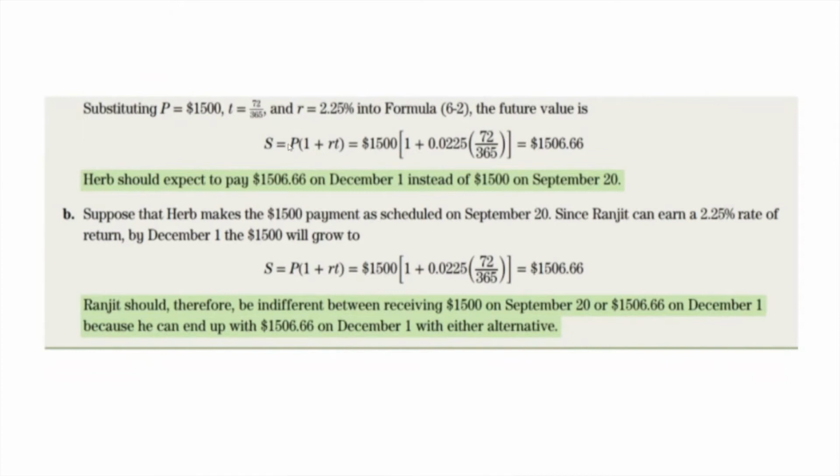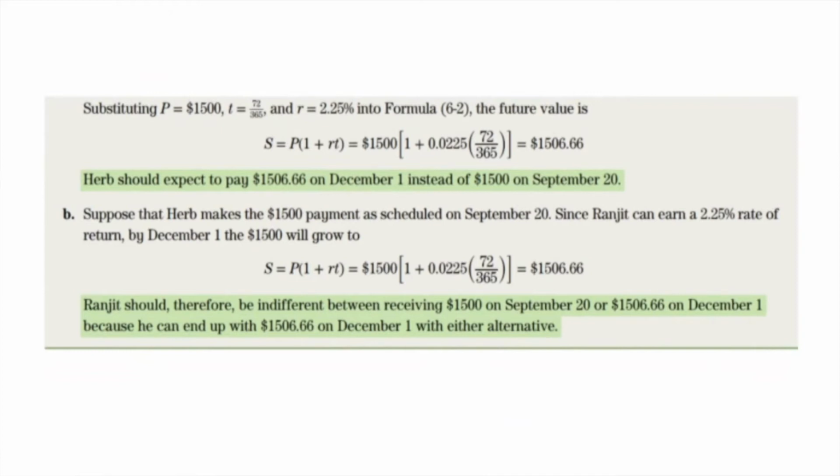So that's $1,500 times (1 + 0.0225 × 72/365), and that will come to $1,506.66. So Herb should expect Ranjit to want $1,506.66 on December 1st instead of the $1,500 now. That has to do with the time value of money.